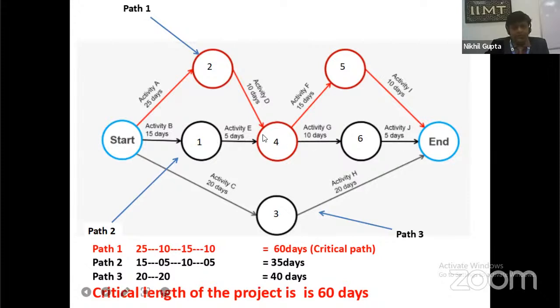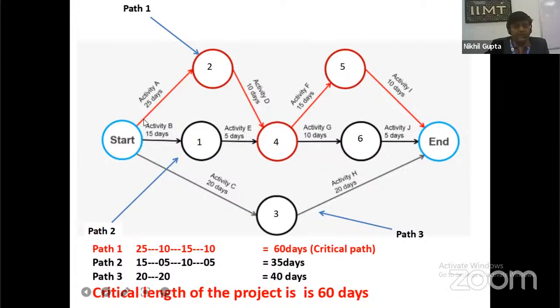If we follow this route, activity B takes 15 days, activity E takes 5 days, activity Z takes 10 days, activity J takes 5 days. And this is the third route: activity C takes 20 days, activity H takes 20 days, and then the finishing point.